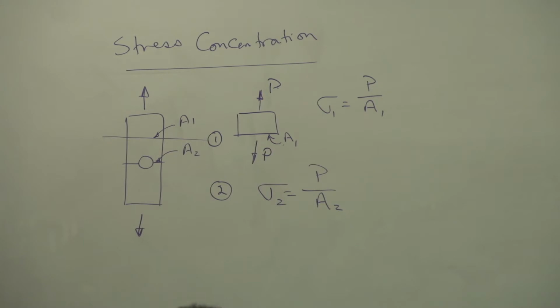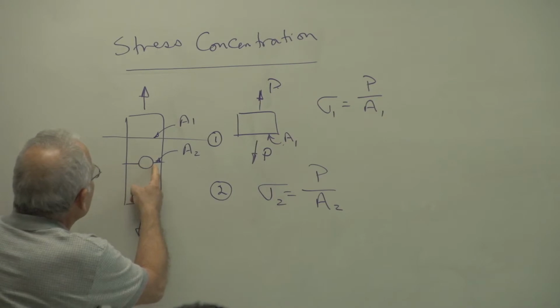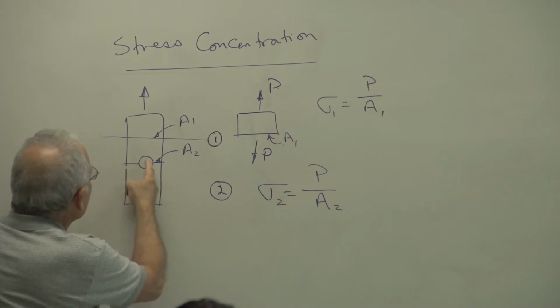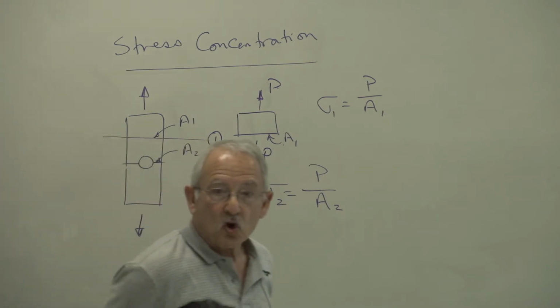But when we take a look at some tests, the fact that it's uniform across the cross-section is not borne out by tests. By tests, I mean we put a strain gauge here, and then a little bit further away from this hole, and we measure strains, and we find that these strains are not the same.